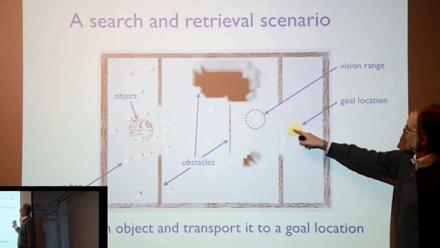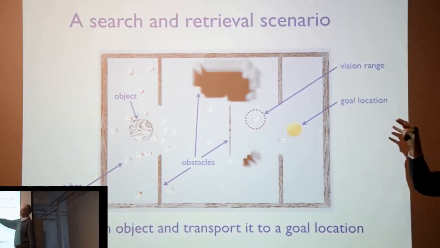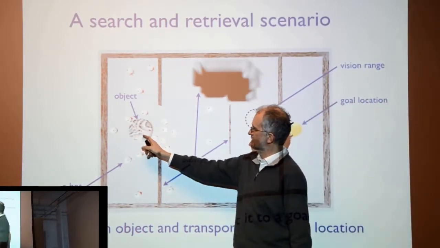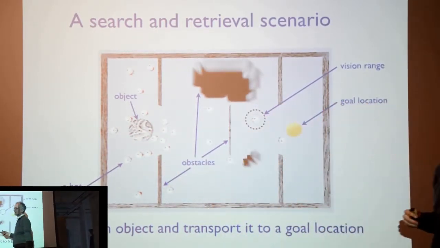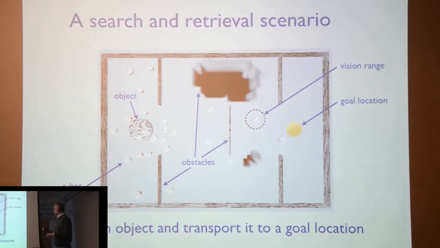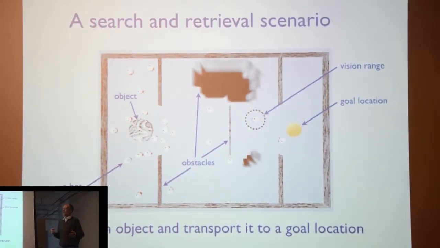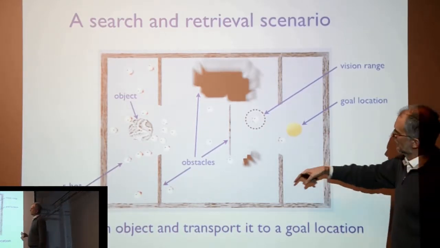What you see here is the goal location, typically in the form of a light. There is an object, you see here, it's a heavy object. You can make it of different weights so that you might need a different number of robots to transport it.